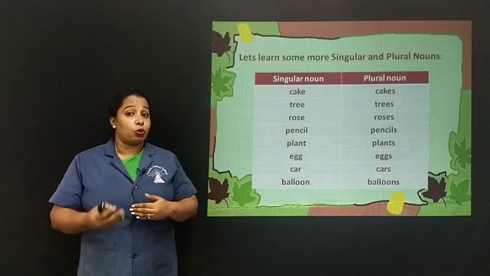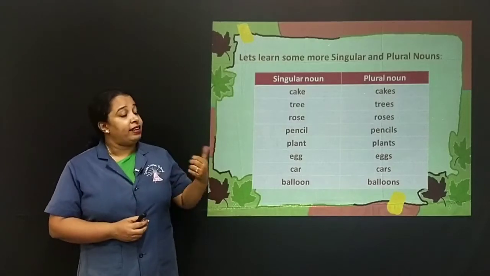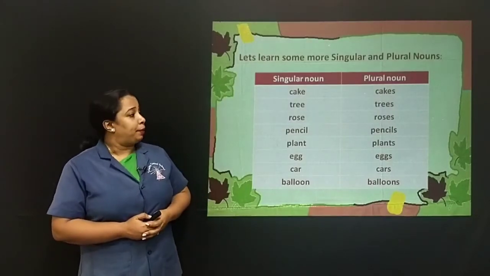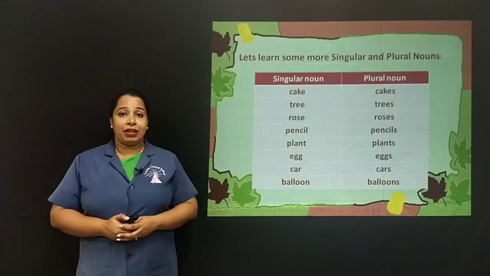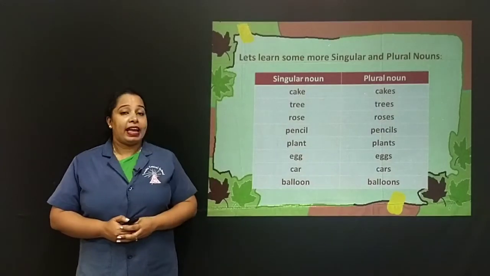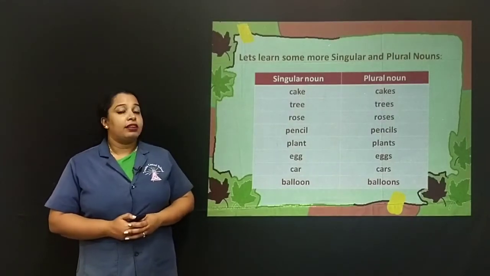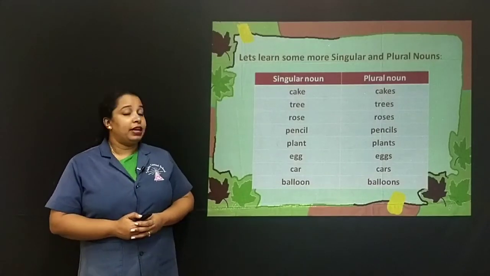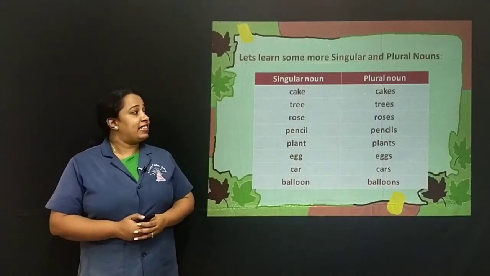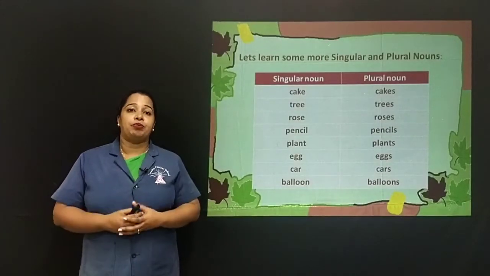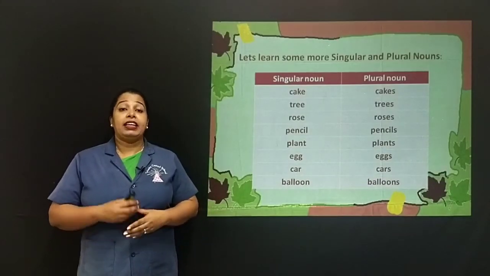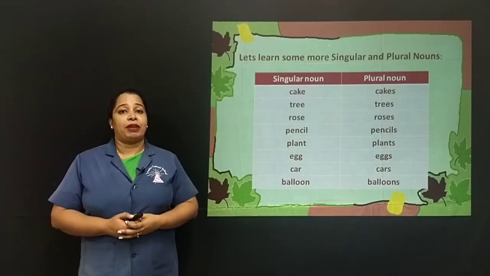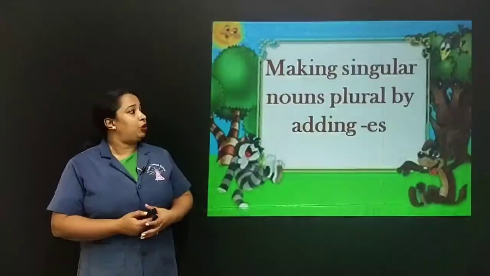I say it as roses, but I just add S at the end. Pencil, pencils. Plant, plants. Egg, eggs. Car, cars. Balloon, balloons. So these are some nouns which can be made plural by adding the letter S at the end.